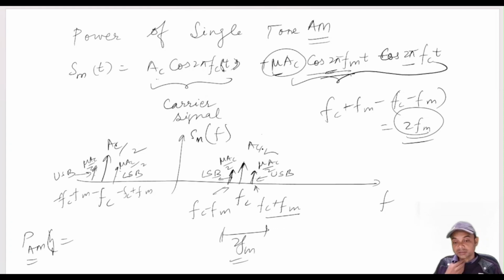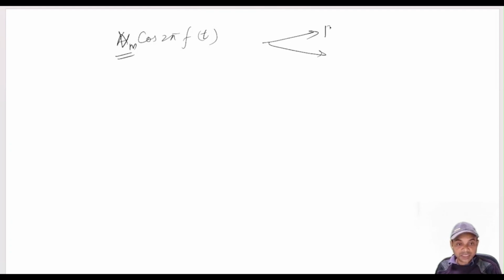Actually, before going to calculate power, first we have to define, suppose we have Vm cos 2 pi ft. Then we have to define two types of power, that is PDC and PAC. PDC will be Vm square by 2.